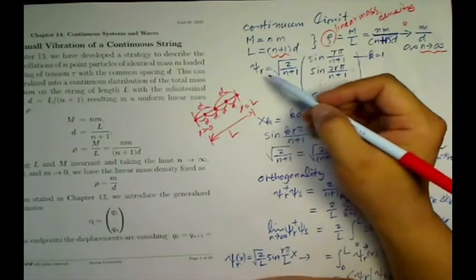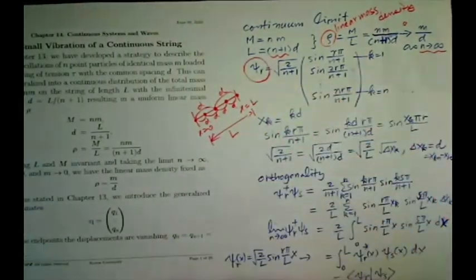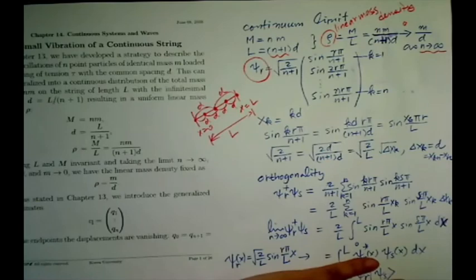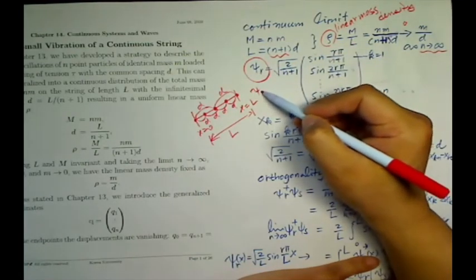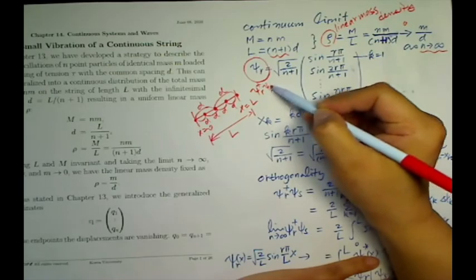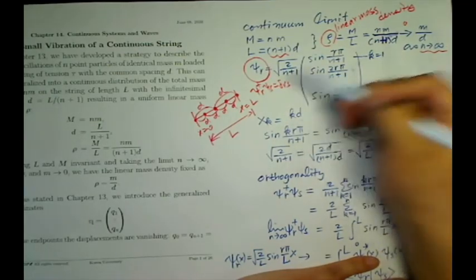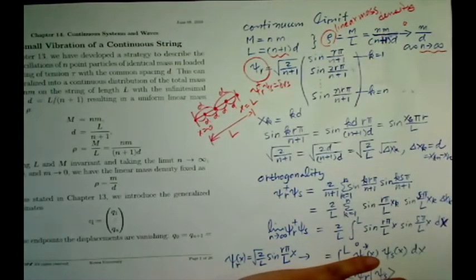This is the eigenfunction, this is the eigenvector for n beads distributed with equal spacing on a string, and this satisfies normalization for R dagger S is delta RS. That we have already proved.